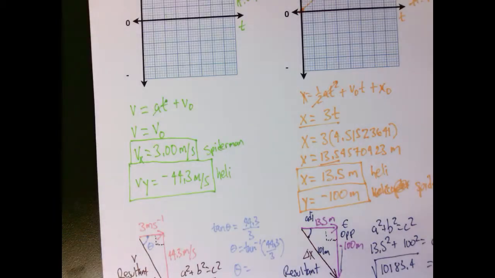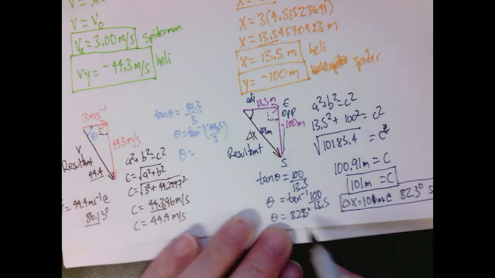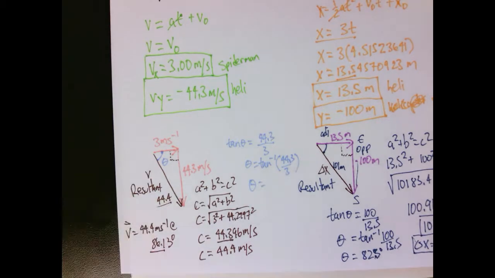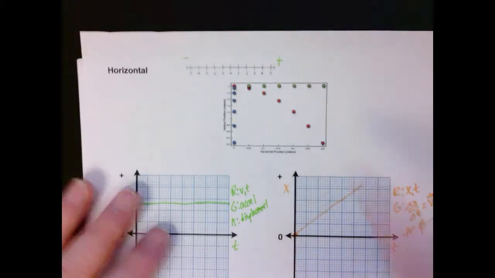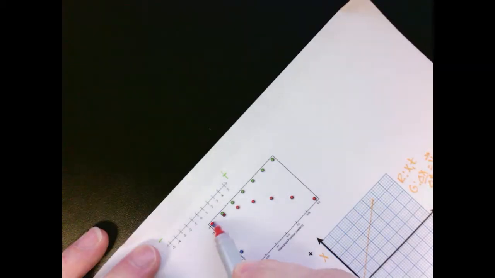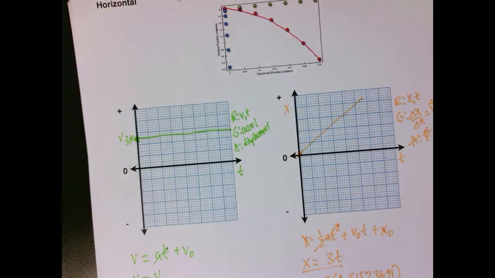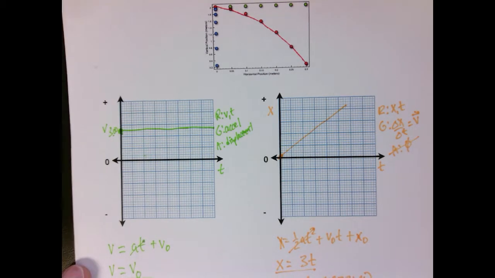Now you'll notice that these two angles are different. The displacement angle is 82.3, and the velocity is at 86.1. You might think at first that they should agree with each other, but they actually should not agree with each other. And here is why. If we go back to our picture here, and we look at the trajectory of the projectile, what we should see is, and acknowledge, is that the velocity is tangent to that curve.